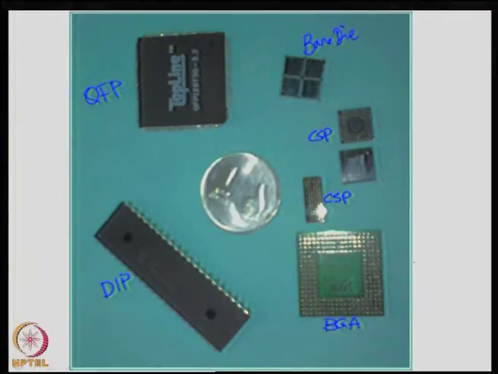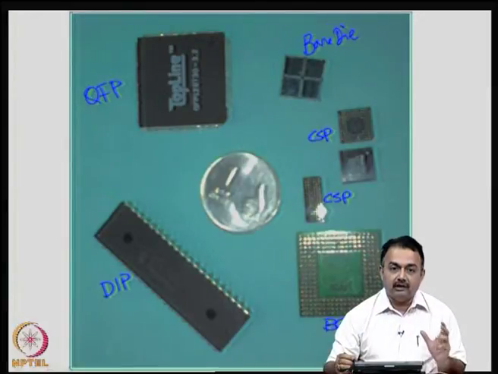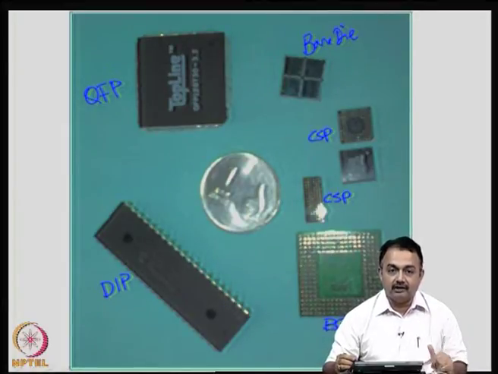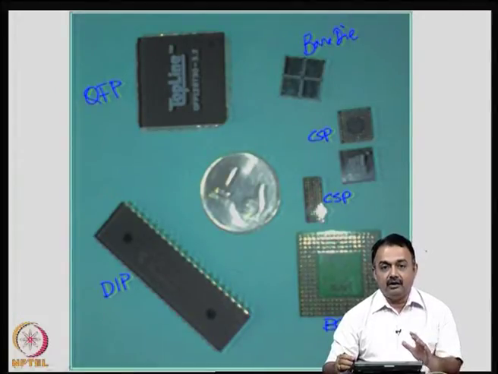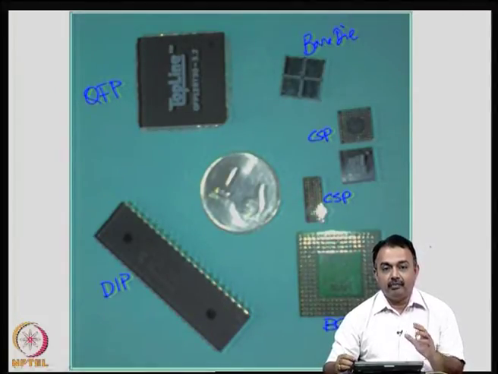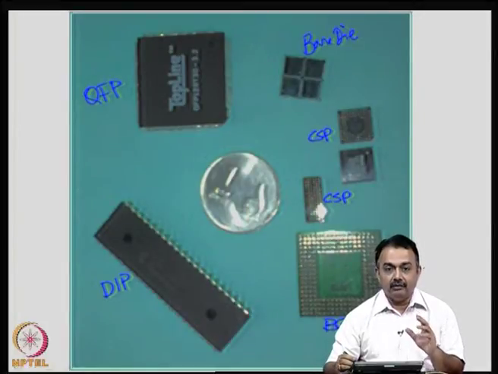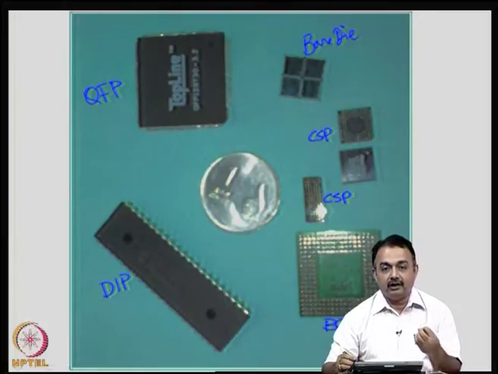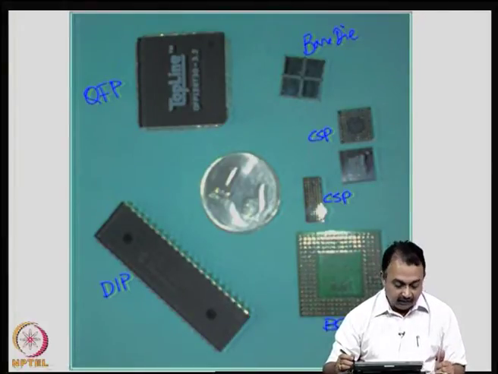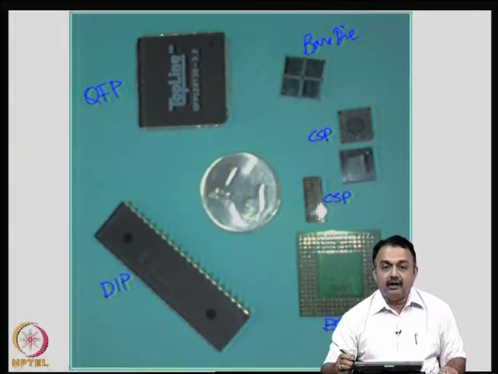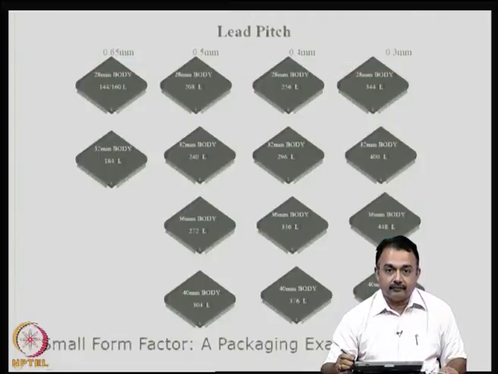So, you get a very good idea about shrinkage in sizes, but at the same time shrinkage means high density, high performance, and sometimes vertical integration in terms of number of layers of interconnect. These are all features of the package at the board level. From the first level we are trying to see how we integrate these devices at the board level to make a high density interconnect structure.